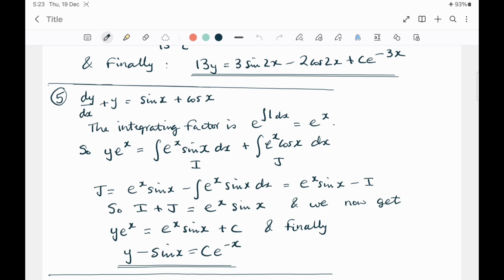So we now have y times e to the power x is e to the power x sine x plus c, and finally y minus sine x equals c e to the minus x.